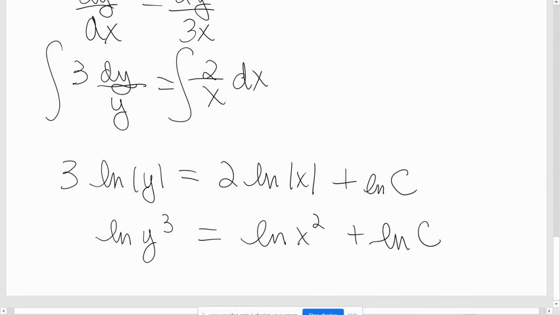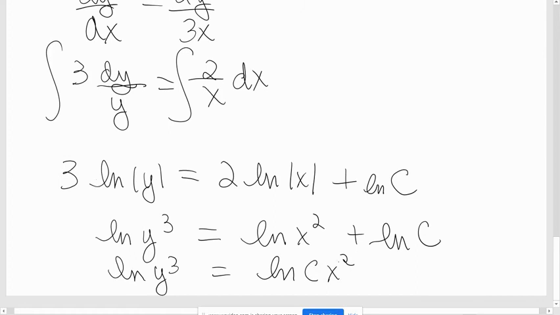The whole reason I did that is so I could rewrite this as the natural log of y cubed equals the natural log of c, a constant, and since this is addition, I can rewrite it as the natural log of c x squared.